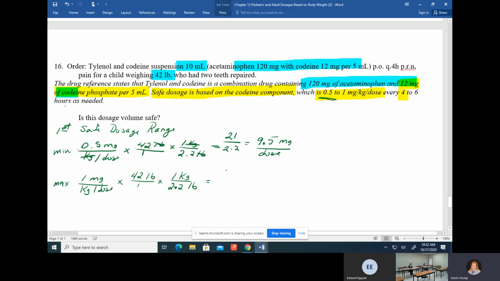So 1 times 42 is 42. I only have 2.2 on the bottom. I can cancel out my units. Then I'm going to do 42 divided by 2.2. And I get 19.1 milligrams per dose.